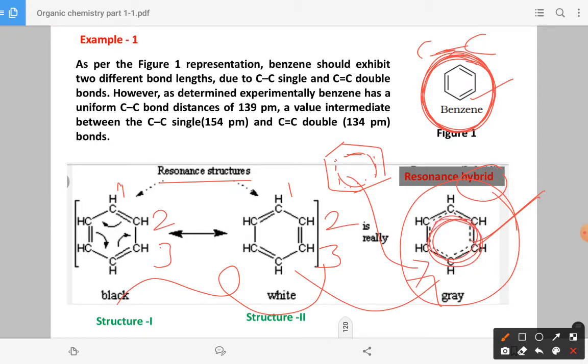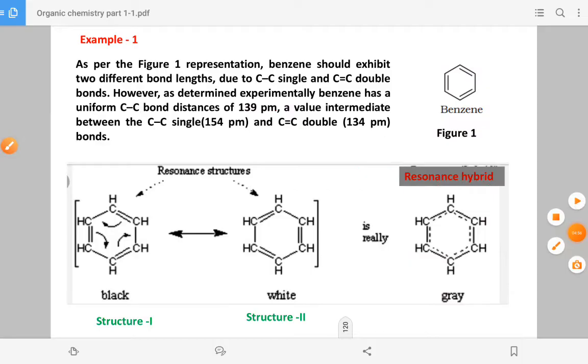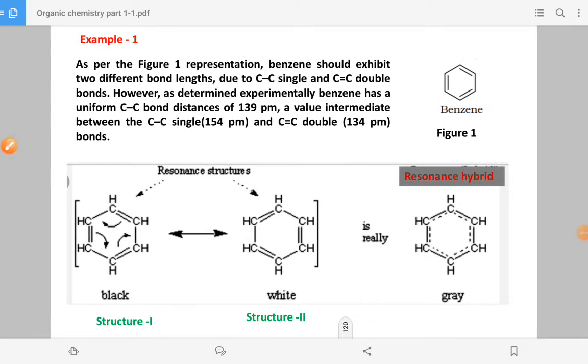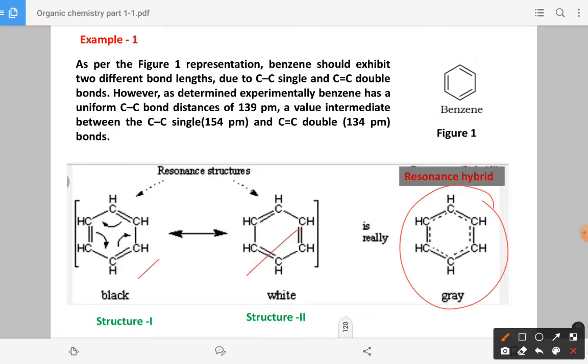That's why we have only the intermediate carbon distance, 139 picometers. This is structure 1 and structure 2. These are called resonance structures, and this is called the resonance hybrid. It means these two structures are shown in one form. The dotted line indicates that the pi bond is present between all the carbon atoms.